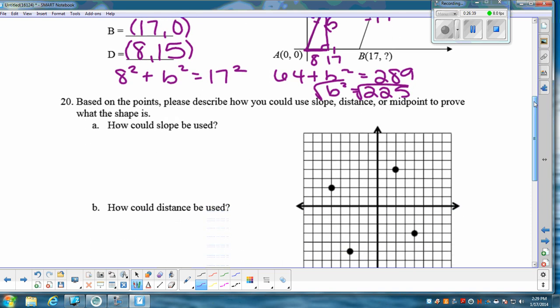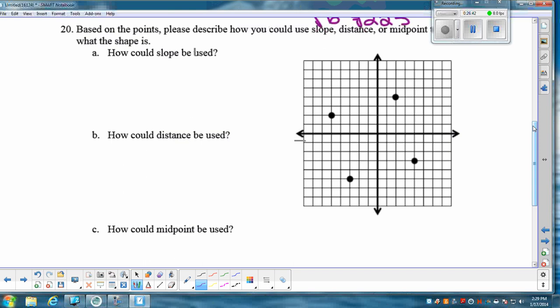20. How can we use slope to figure out the shape? Well, slope tells us, do we have parallel or perpendicular lines? So we know if we have two pairs of parallel lines, two pairs of opposite sides having the same slope, then we have a parallelogram.